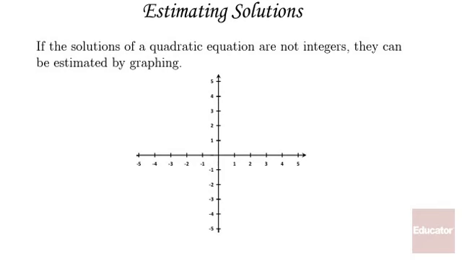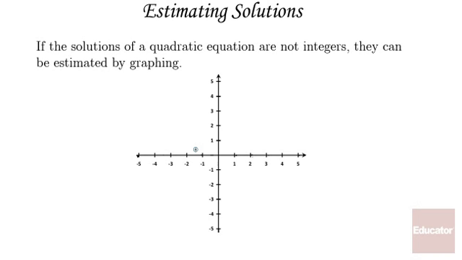One of the limitations of graphing is that if the solutions are not integers, it's very difficult to get an exact solution. If the x-intercepts don't come out right on the integers, then it's hard to tell on a graph the exact solution.